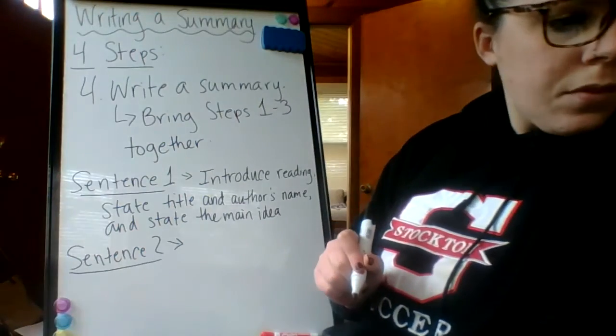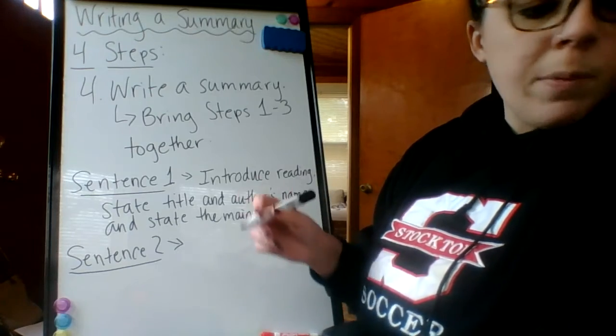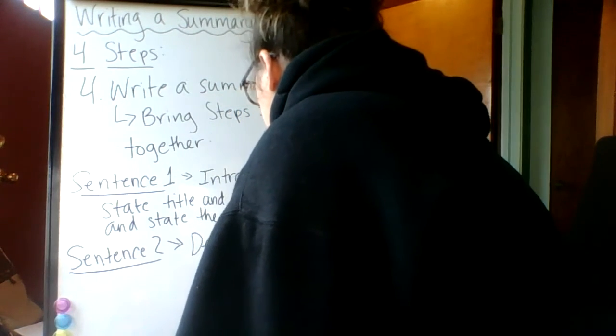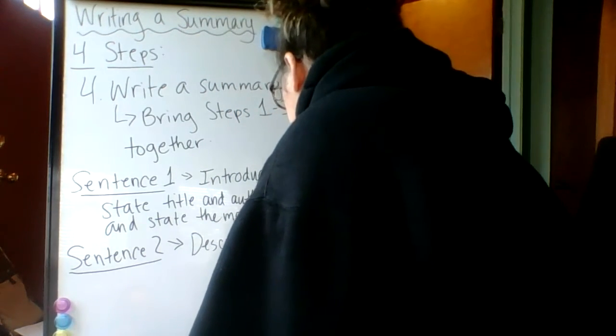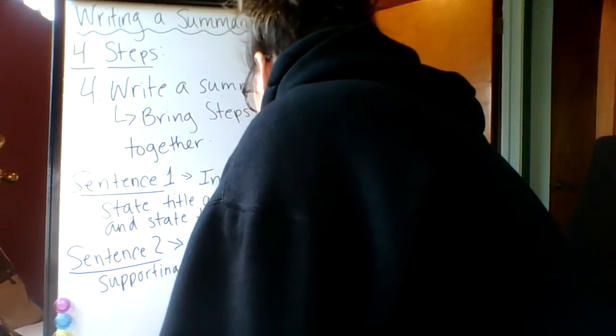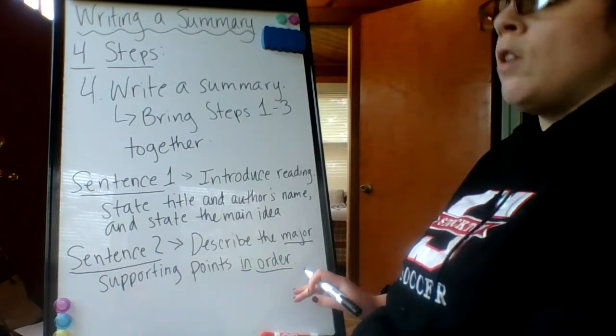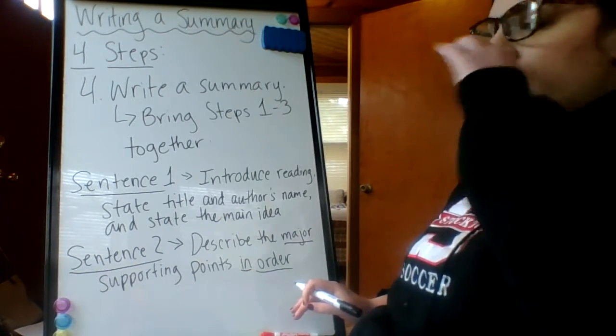All right? So for sentence 2, this is where you describe the supporting points in order. Remember, you don't want to talk about them in a different order than the author did, or it seems like you didn't read the article, or you're confused about what you're talking about.